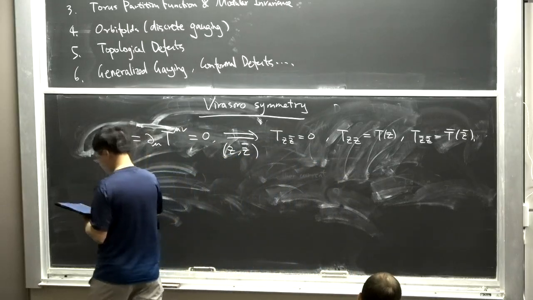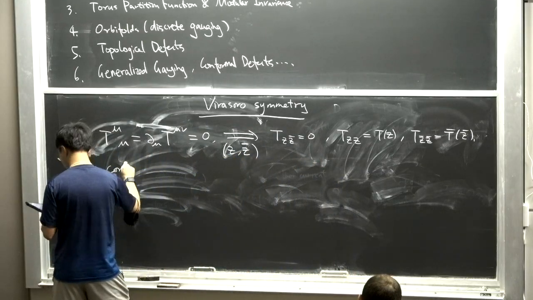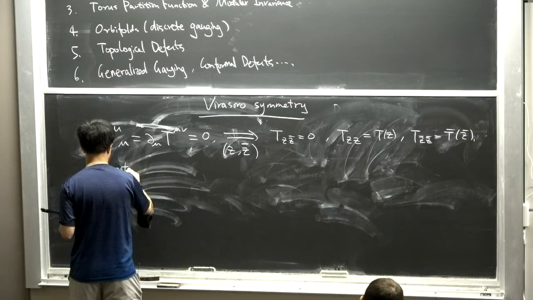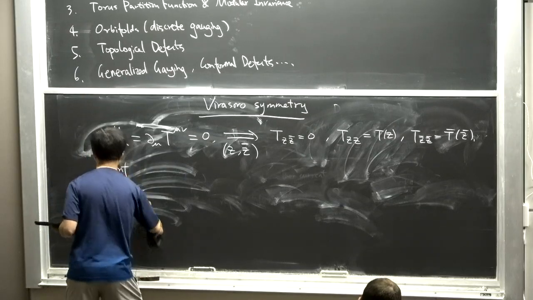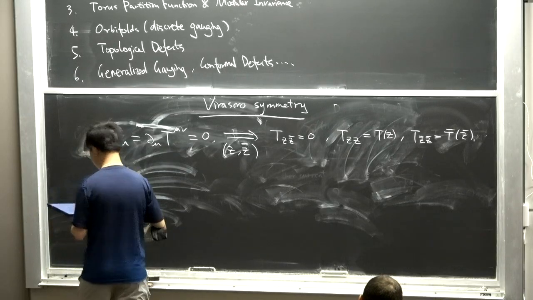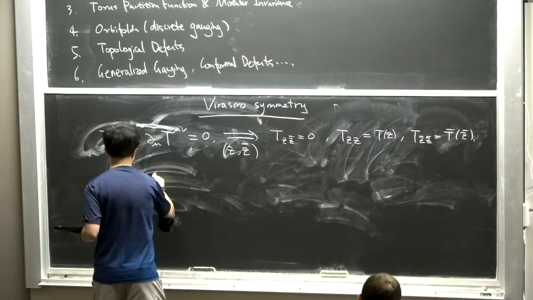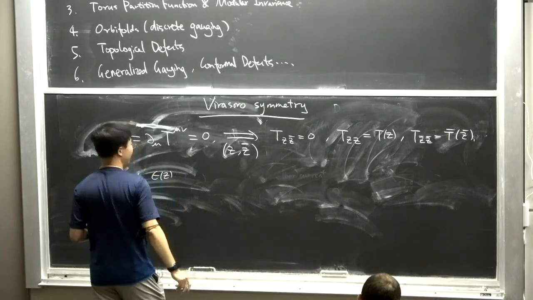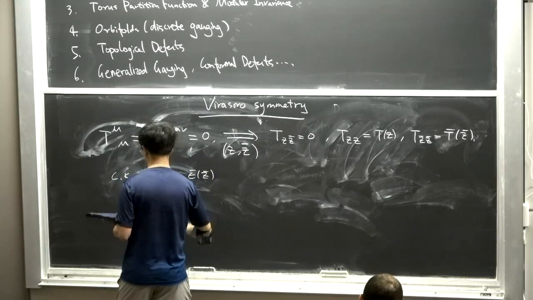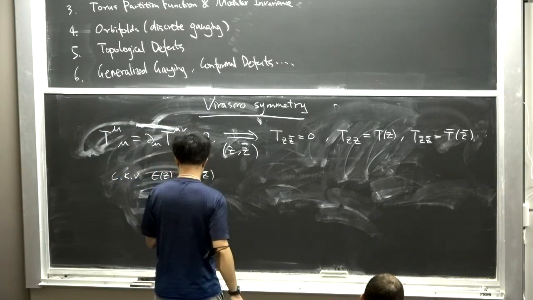And the conformal Killing vectors, which I denote abbreviatedly as CKV, are holomorphic functions of z, and epsilon bar is an anti-holomorphic function of z bar.